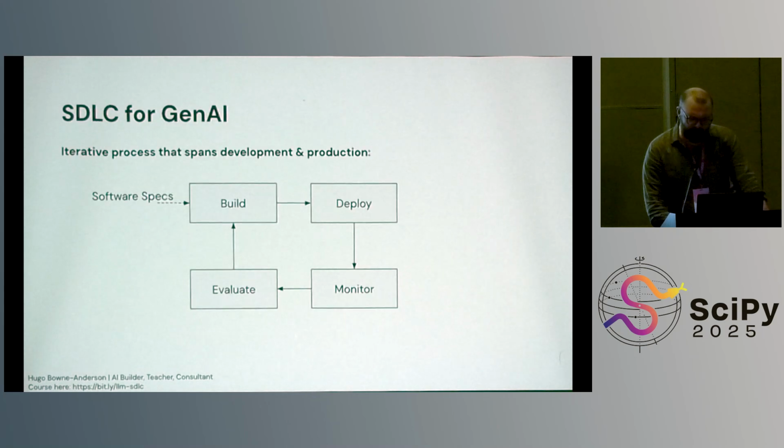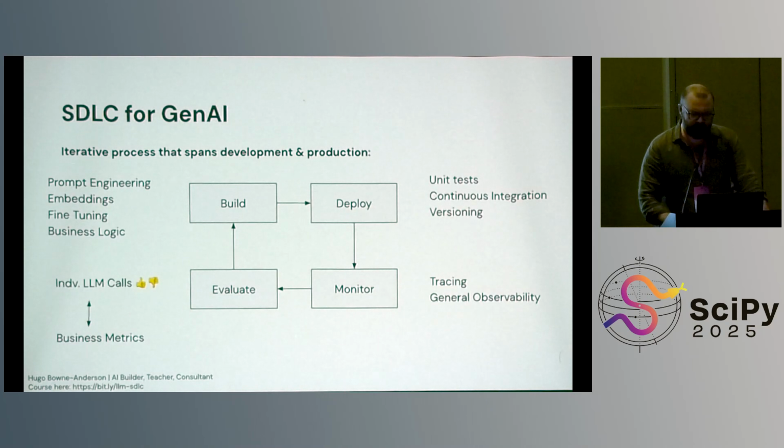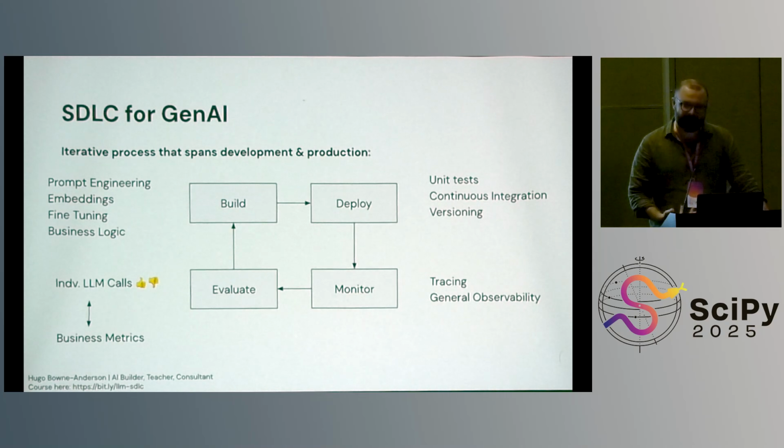So when we have that, what changes in the software development lifecycle? We build and deploy and monitor and evaluate rapidly and iterate there, okay? And this involves a lot of moving parts. So when we build and iterate, we may do prompt engineering, change our embeddings, fine-tune, have business logic changes. And when we deploy, we'll want unit tests and continuous integration and versioning.